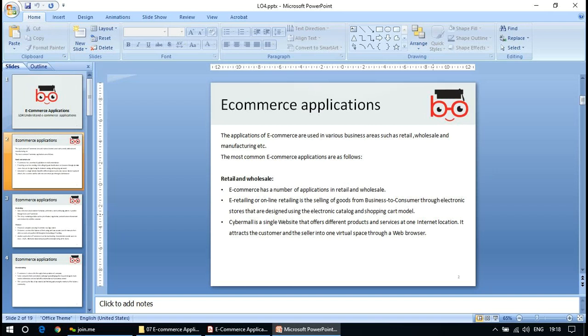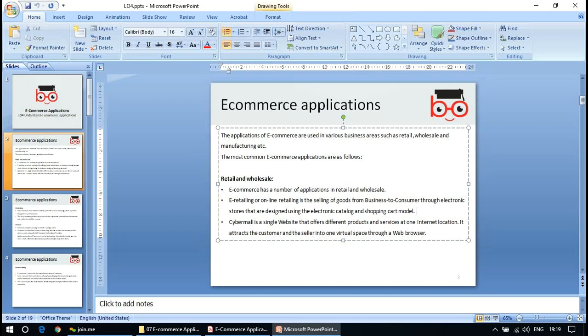For example, any common website like Amazon or others. Some websites have two sections: one is the consumer side and the other is the business side.